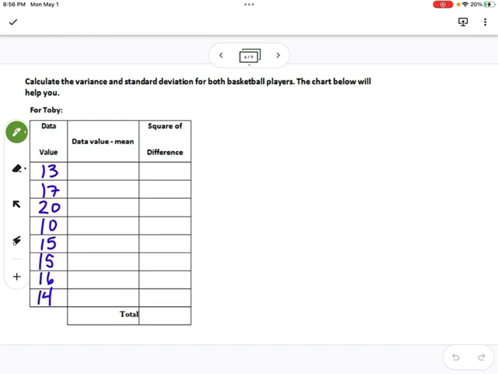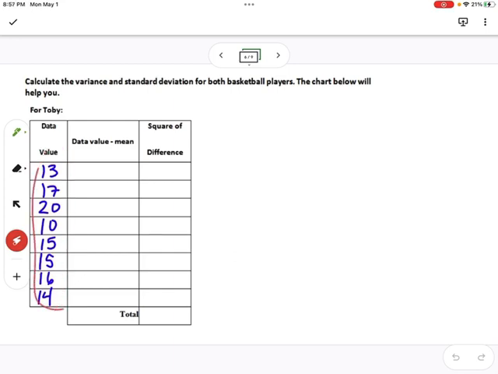Okay, so the next thing we want to do is we want to find our variance and standard deviation for the basketball players. So we first are doing the data. These are the number of points that Toby has.